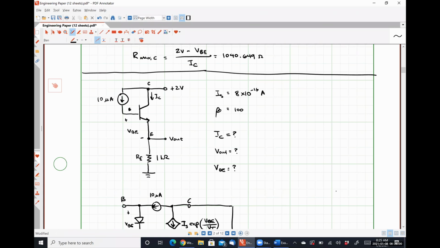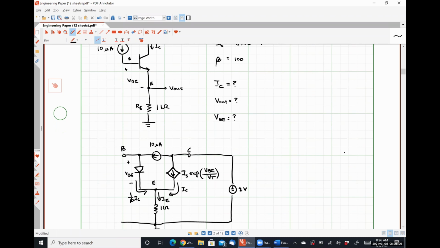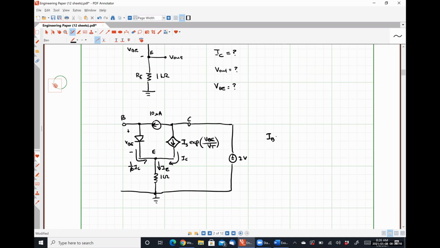Okay, so we could get IC from IB. How do we know IB? Exactly, we know IB because we have a current source driving a particular base current. So IB is equal to 10 microamps, which means IC is equal to beta IB, which is 1 milliamp in this case. We weren't asked for it, but we will wind up using IE, which is IB plus IC.